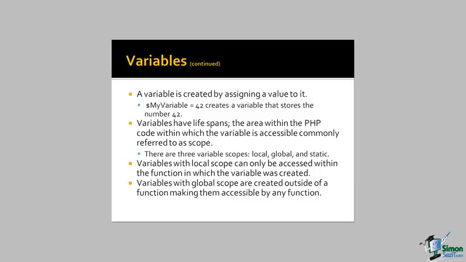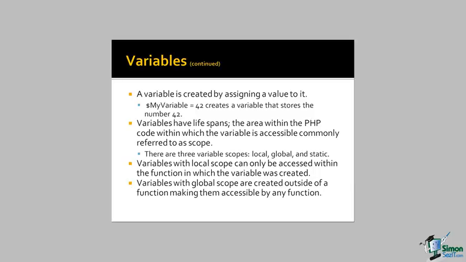So it's as simple as $myvariable equals 42. When the PHP preprocessor sees that, it will create a variable in memory that will store the number 42. And then we can, wherever in our code, go back and recall that value 42 by using our variable name.